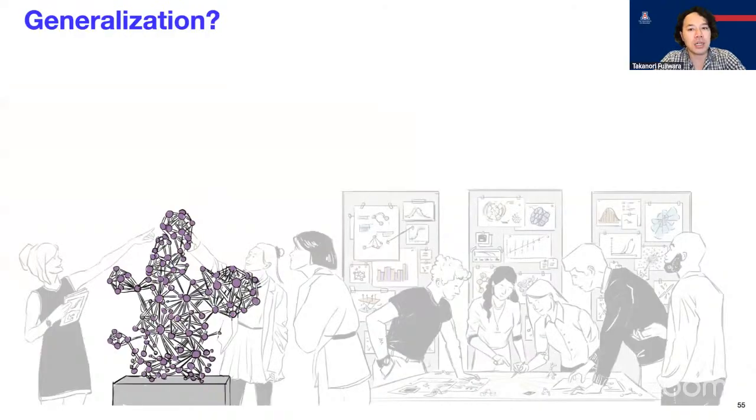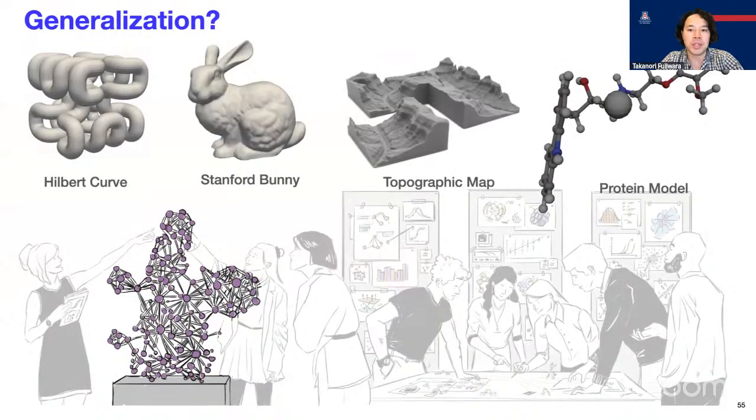Now we have implemented sensing networks, but obviously, networks are just one form of data representation. So as a second work, we want to support other forms of representations like these objects.